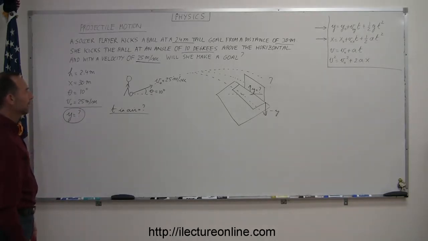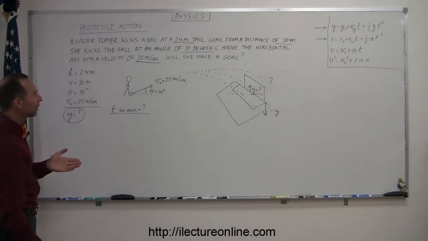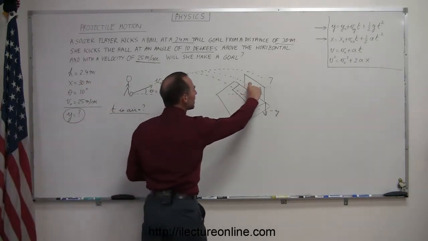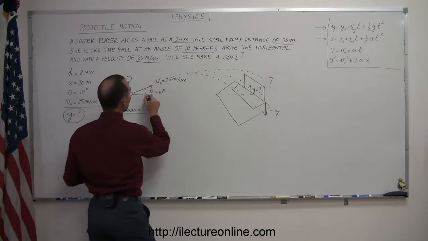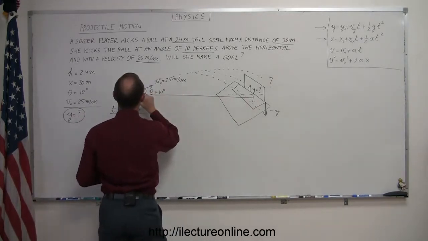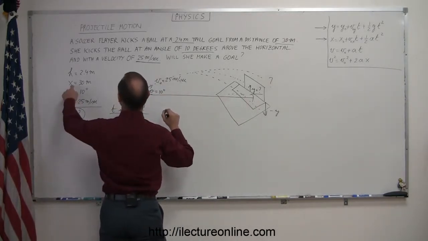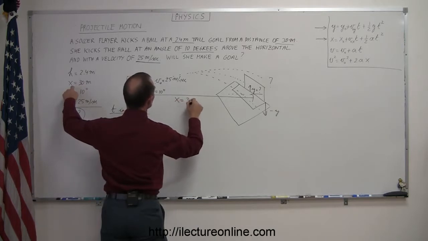Let's see here. In this particular case, we can't really use the vertical component of the velocity to figure out time in the air because we don't know how high the ball will be when we reach the goal. But we do know how far the ball has to go to reach the goal. We were given that the distance, x, is equal to 30 meters.